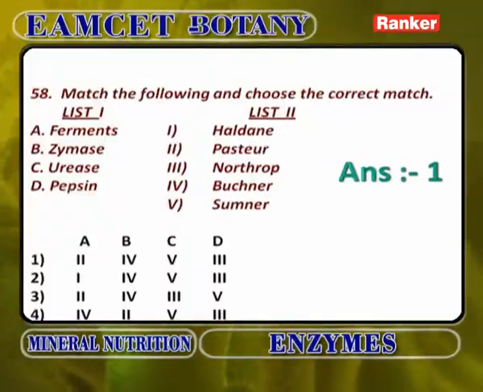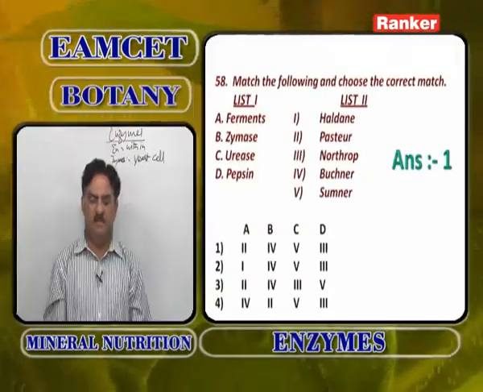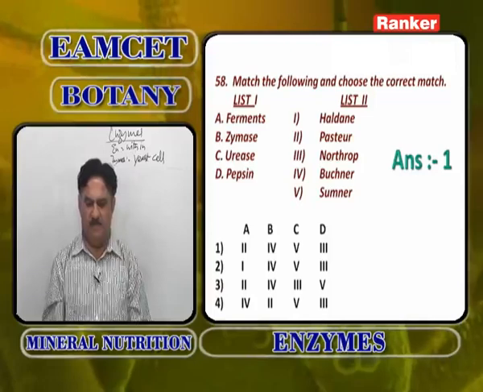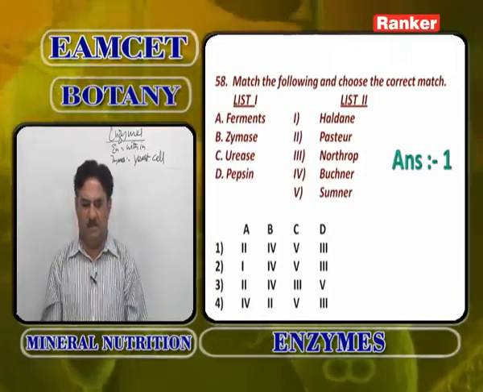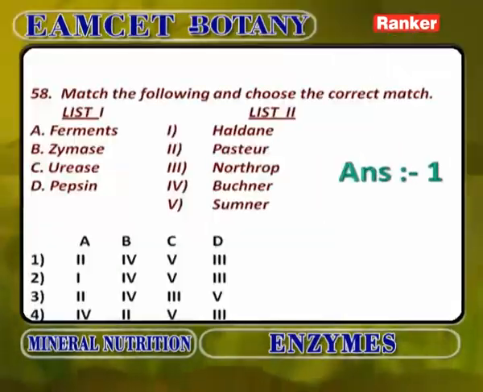So, ferments always Louis Pasteur, zymase Edward Buchner, urease is by J.B. Sumner, and pepsin by Northrop. So, A2, B4, C5, D3. Answer is 1 for this matching.